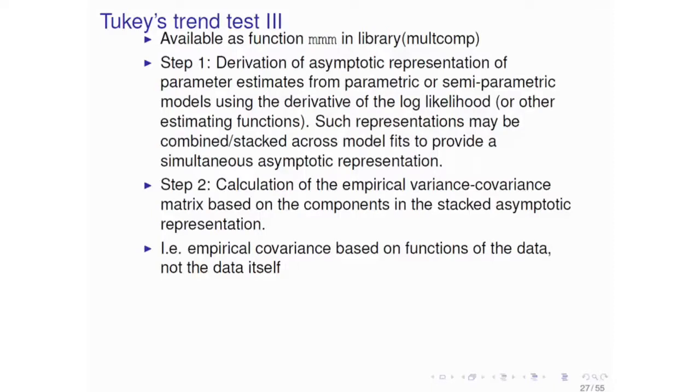And the first step is derivation of these asymptotic representations of the parameter estimates by derivatives of the log likelihoods. And then you plug in, and at the end of the day, you have an empirical estimation of the variance covariance matrix. That means this covariance matrix is estimated based on a function of the data, not on the data itself. Remember, I have models. It's not the data.